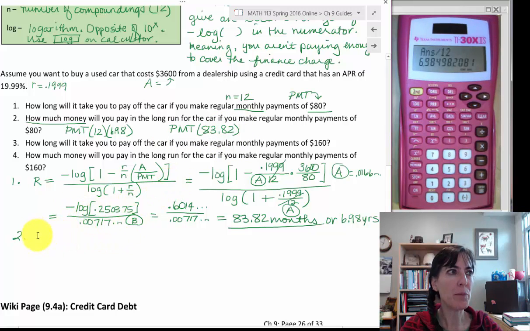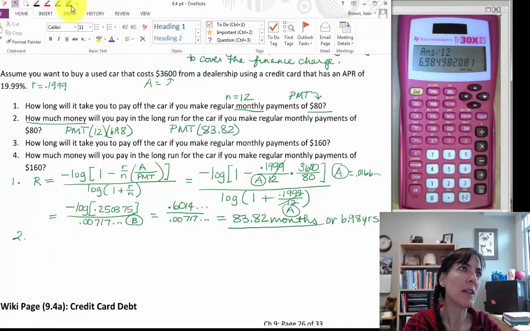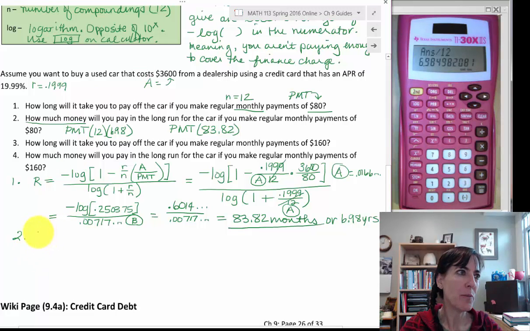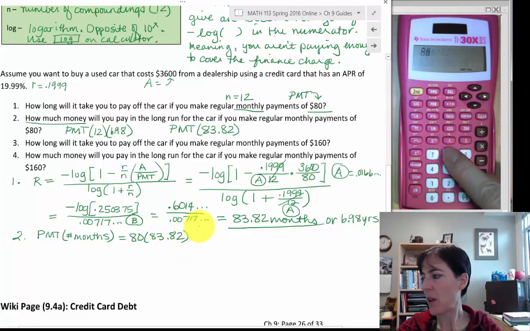So it'll be payment times the number of months, which is going to be, my payment is $80 times 83.82 months.